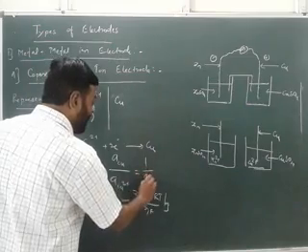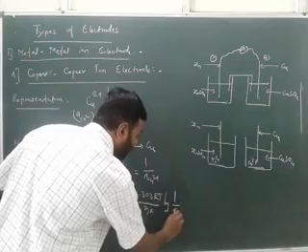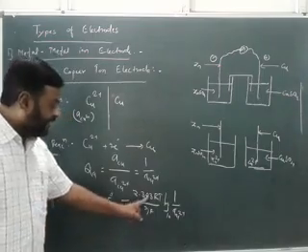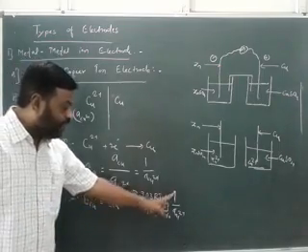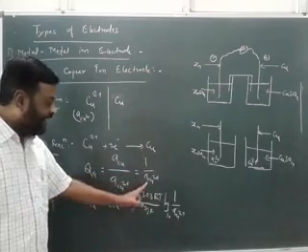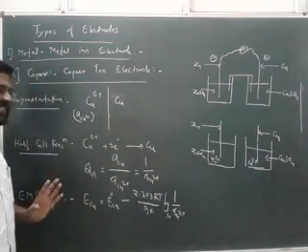So log of 1 divided by the activity of Cu2+. So what is the value of QA? 1 divided by the activity of Cu2+. So this is the final equation.